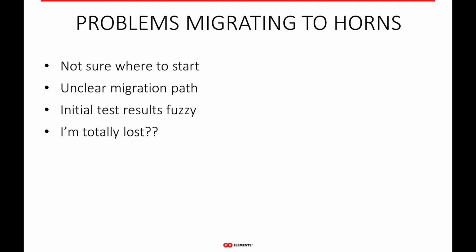So hopefully we'll answer a lot of that. And then again, maybe you're totally lost. Maybe you've never heard of RF Elements before and you have no idea what a horn antenna is. So hopefully we'll go through a lot of that information today to help clear up some of those potential problems you may have in deciding if horn antennas are proper for your network today.